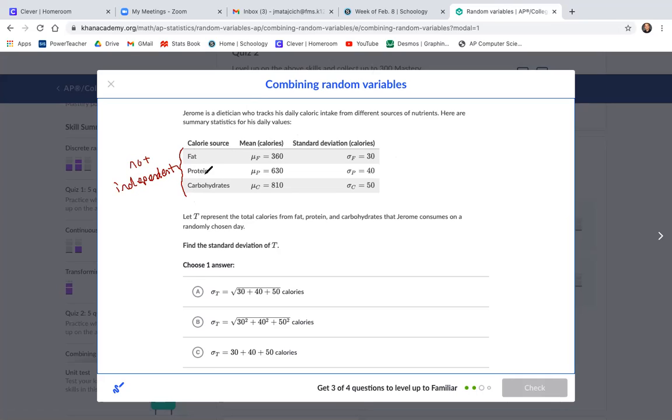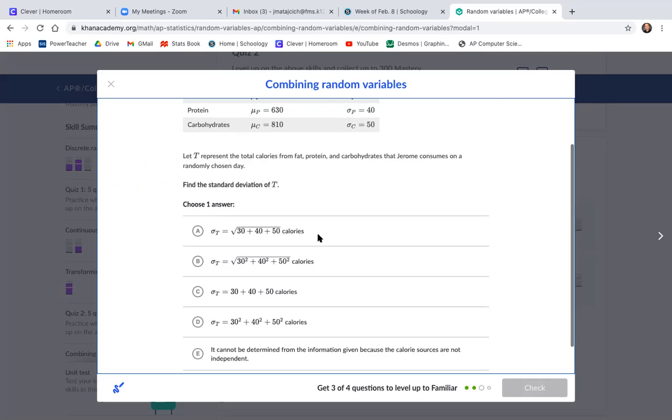If we know he had a lot of protein, he probably had a lot of fat that day as well. So the answer to this question is actually going to be super easy. Find the standard deviation of T. Too bad, we can't. Knowing the outcome of one could affect the outcome of the other. So we're actually not going to be able to calculate the standard deviation.